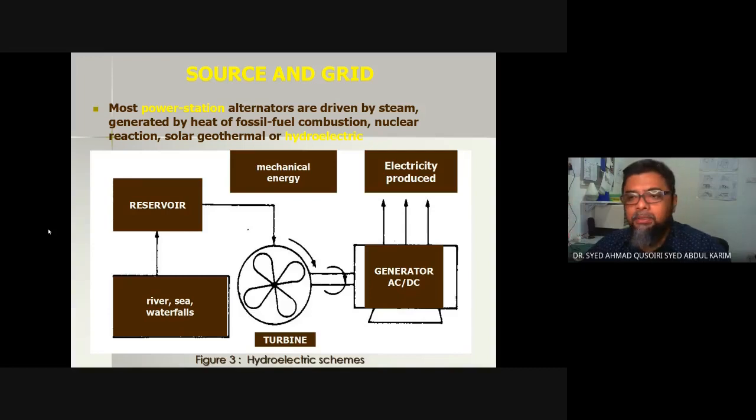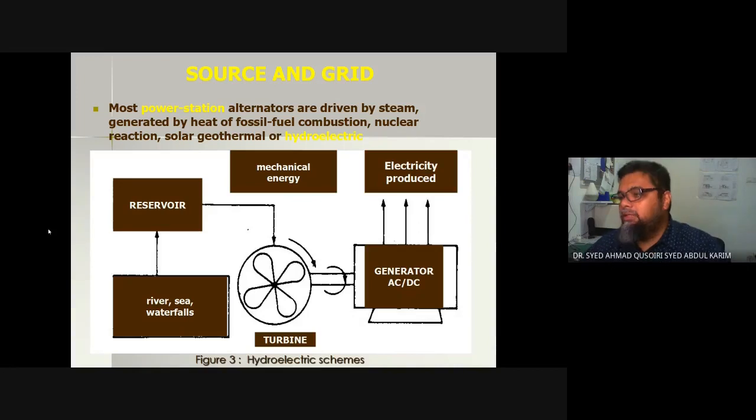Itu sebenarnya. When you use nuclear to heat up the steam, obviously you will not run out of fuel for like 50 years, 60 years. Whereas if you use fossil fuel like coal or gas, you will need a tremendous amount of fuel.